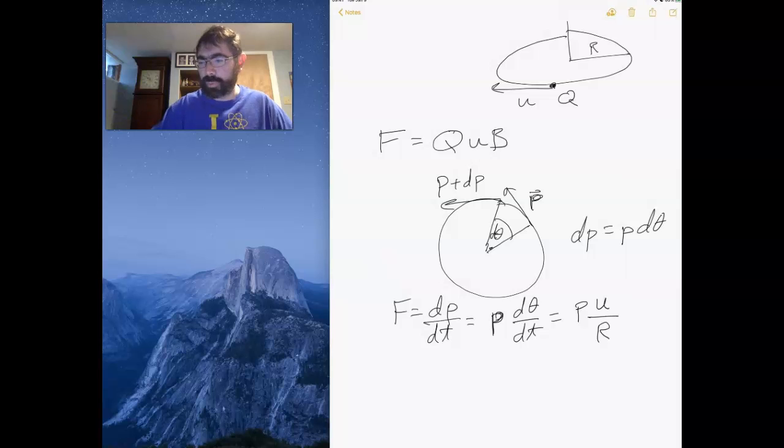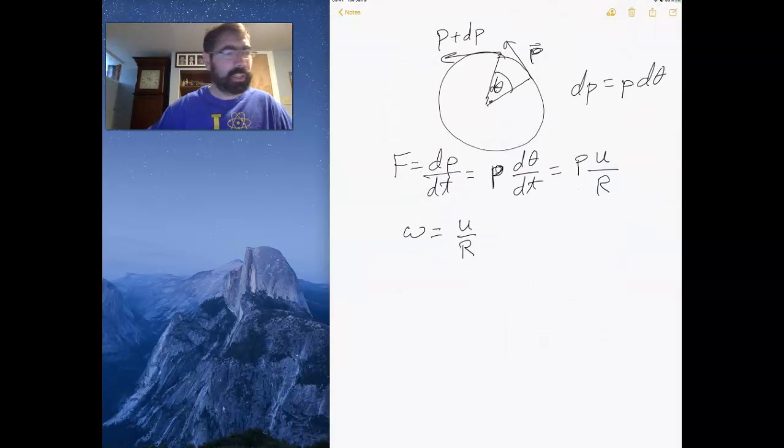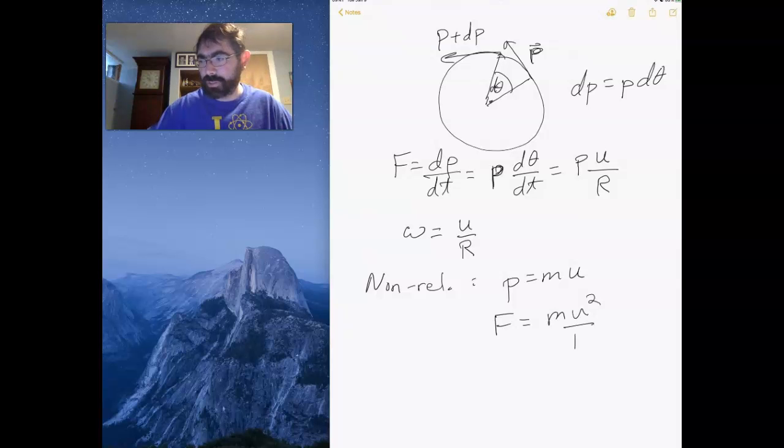I skipped the step where the angular velocity is equal to the speed divided by r. So our force is the momentum times the velocity divided by r. Now if you think about it non-relativistically, then the momentum is mass times velocity. So the force is the mass times the velocity squared over r, which is the mass times the centripetal acceleration, like so.